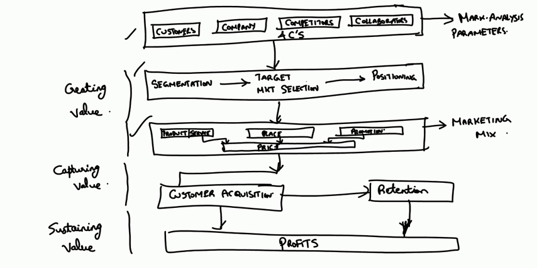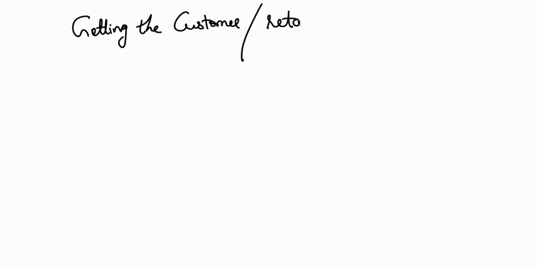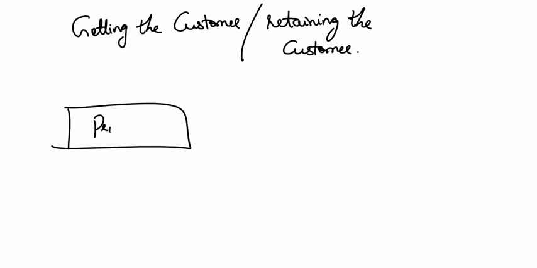Now, all these 3 things will end up in getting the customer or retaining the existing customer. How does it happen? When a product is really good enough, then it gets new customers.